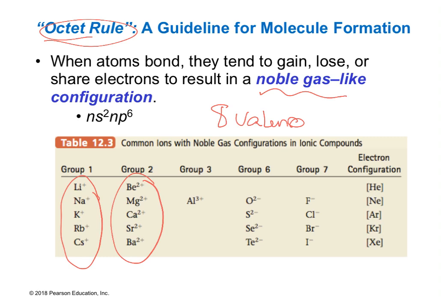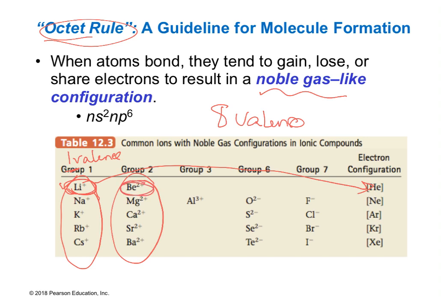So check this out. Lithium is in group 1A. So all of group 1A has 1 valence electron. And so when undergoing chemical reaction, lithium will tend to give up its 1 valence electron to become a +1 charged cation. And in doing so, it has the same number of electrons now as an ion as helium, which is a noble gas.